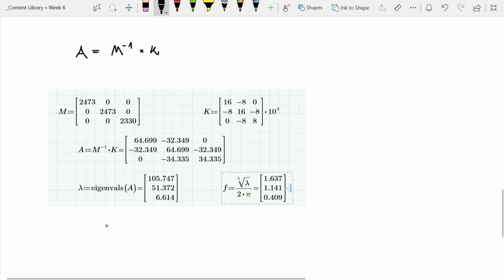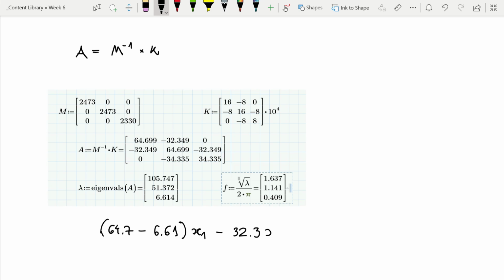And now what will be our equation? The first equation is 64.7 minus eigenvalue 1, which is 6.61, times x1 minus 32.3 x2 equals 0.